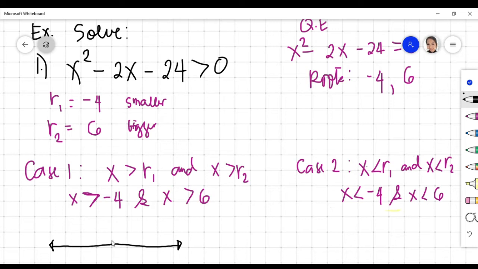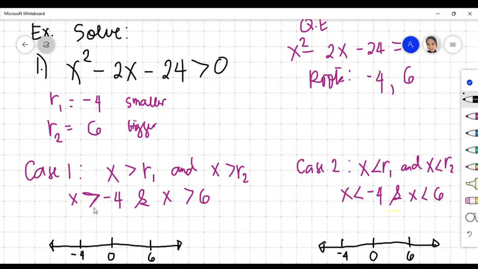So we have here, let's put 0, and then let's say this is -4, and we have here +6. Also on this side, we have 0, then -4, and +6. So x greater than -4.